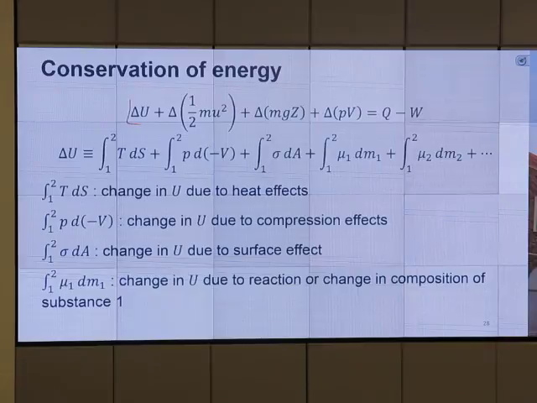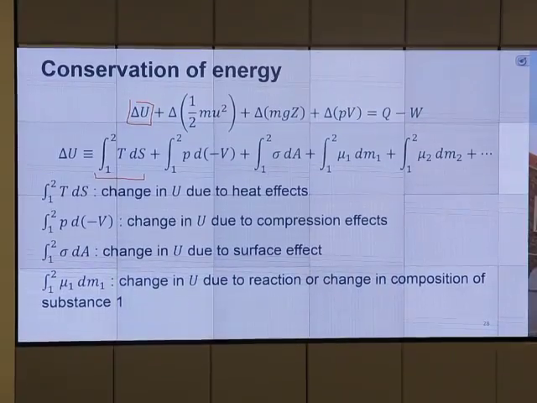We have delta U, the change in the internal energy, related to the change due to temperature. Integration of TdS, plus PdV minus PdV, and sigma dA, mu1 dm1, mu2 dm2.